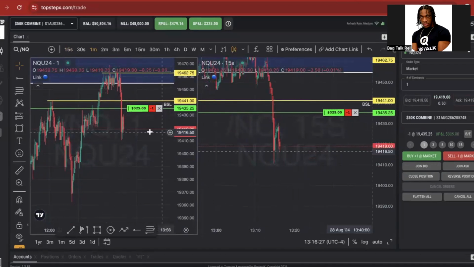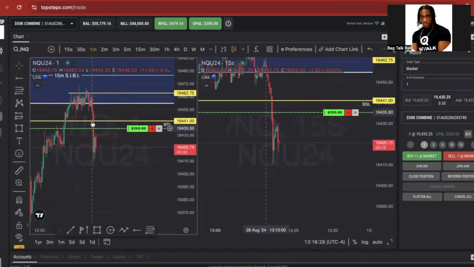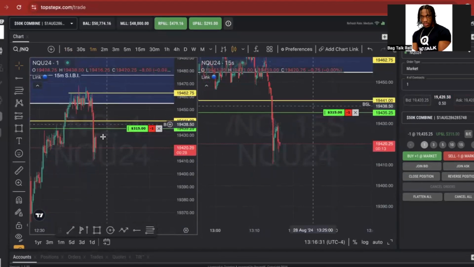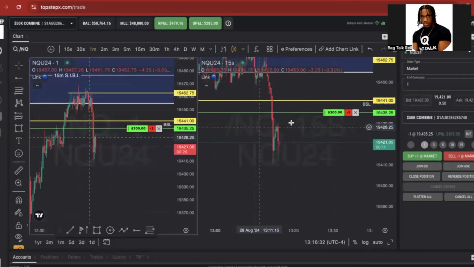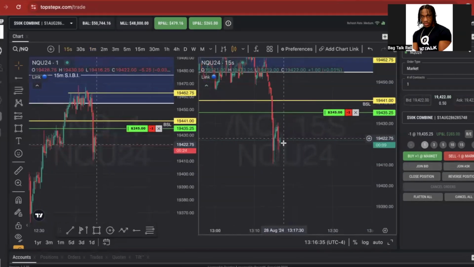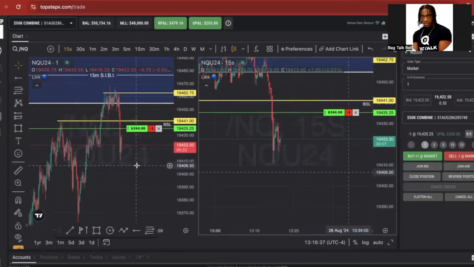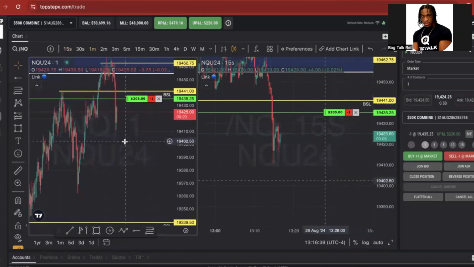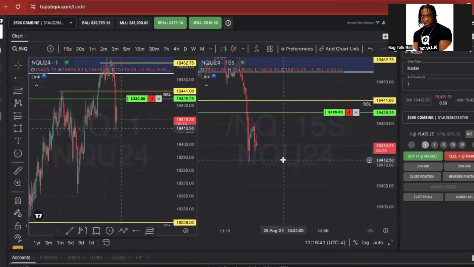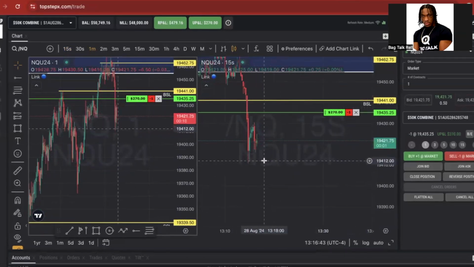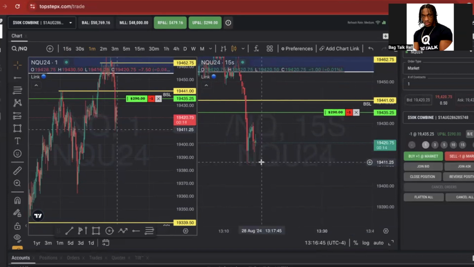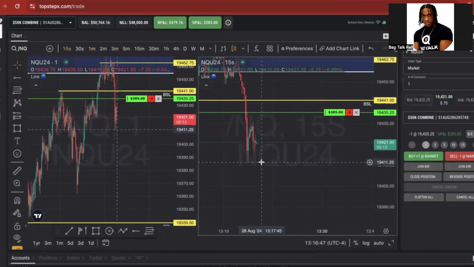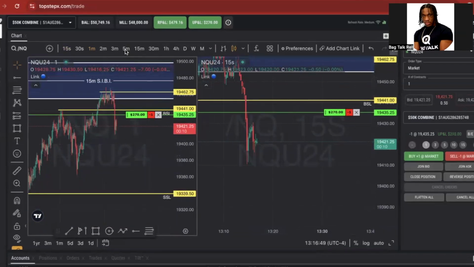I like the fact that price is rejecting the lower half of this 1-minute BISI. The 1-minute is on the left side of my screen, 15 seconds is on the right side. If we get continuation on these lows, then we could definitely see a nice little drop. If we lose these lows, I may be thinking about scaling in. Let me see the 5-minute for a second.